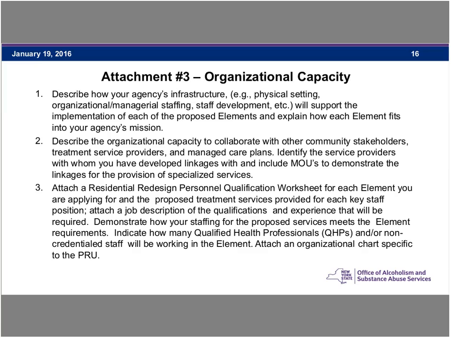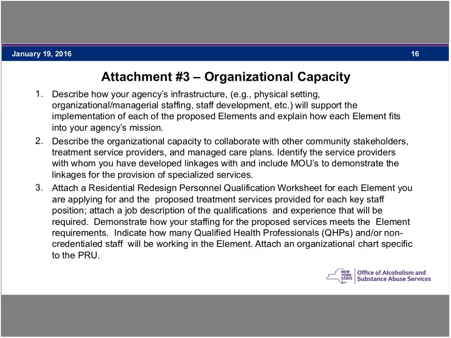Indicate how many qualified health professionals and/or non-credentialed staff will be working in the element. And we want you to attach an organizational chart specific to that PRU. Personnel qualification worksheet and staffing will be further explored in this webinar. Your workforce should possess experience and skills that correlate to the services provided in the element.